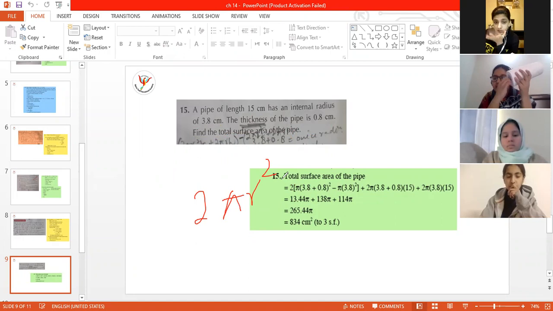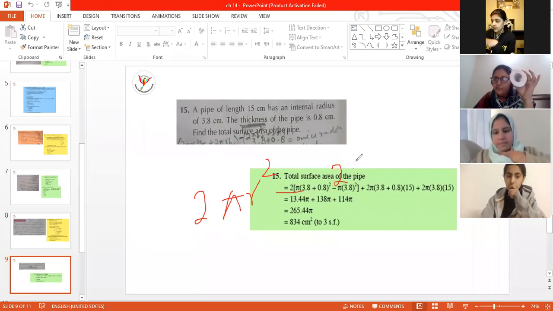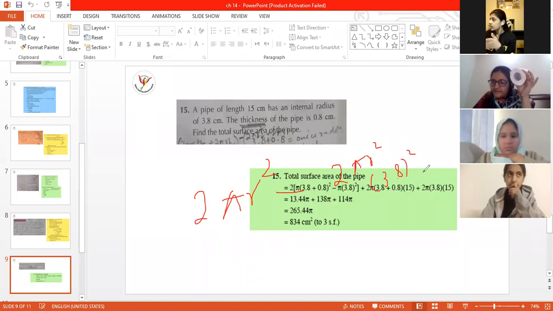But this internal radius, which was the value of 3.8, is already calculated in the bigger one. We have to remove this, minus 2 pi r square, and this r will be 3.8 square. Is this clear now?